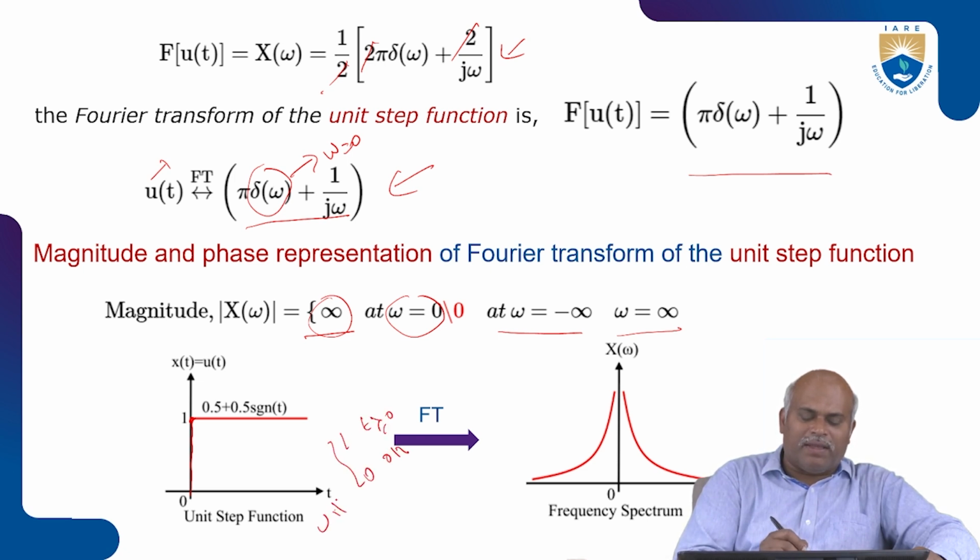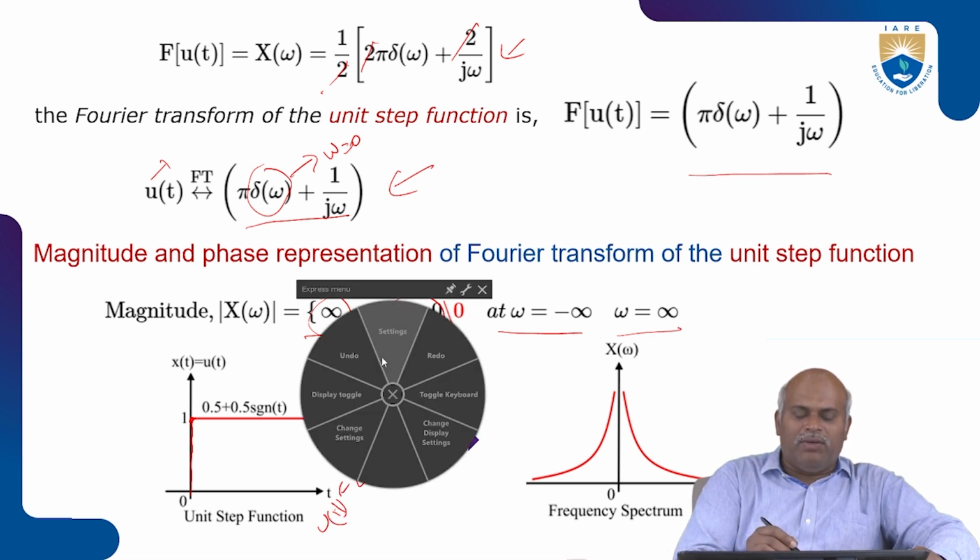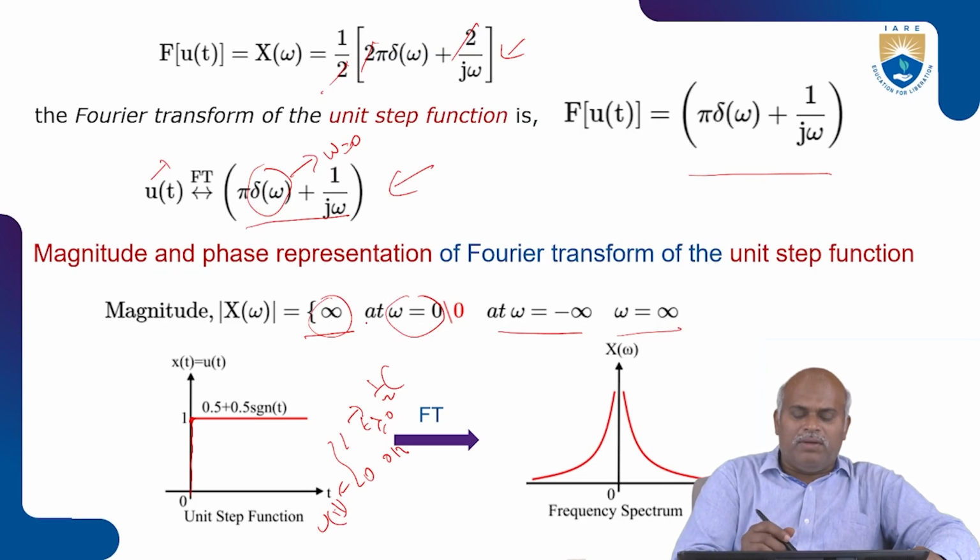This is u of t. So now this term I write as 1 by 2 times 1 plus sgn of t. So this 1 by 2 is 0.5. That's why 0.5 plus 0.5 sgn of t we write.